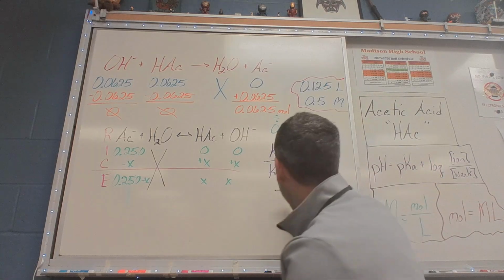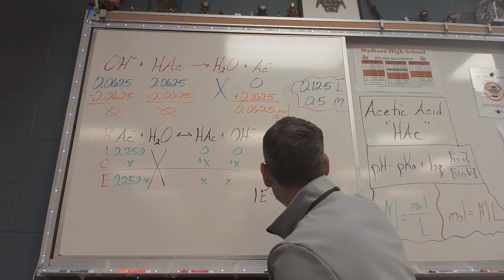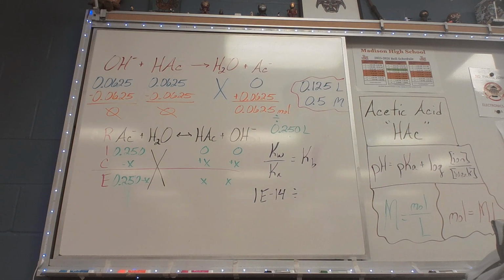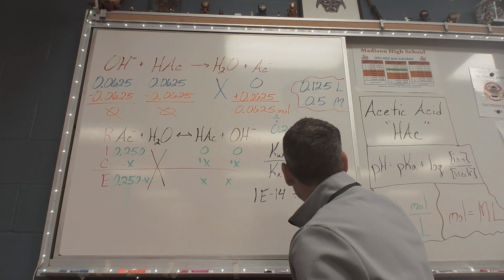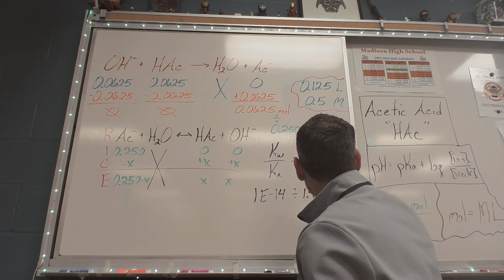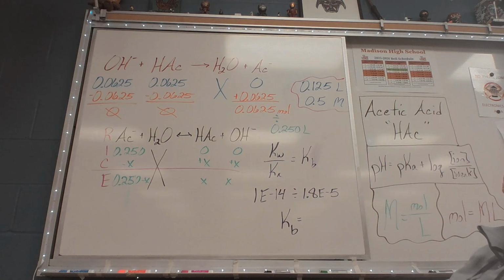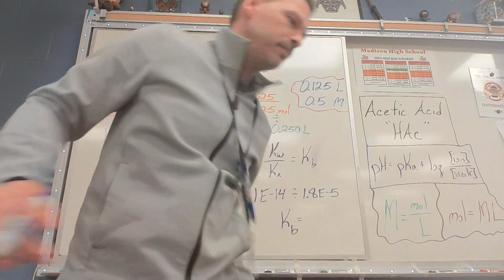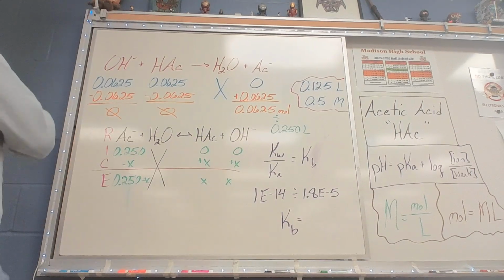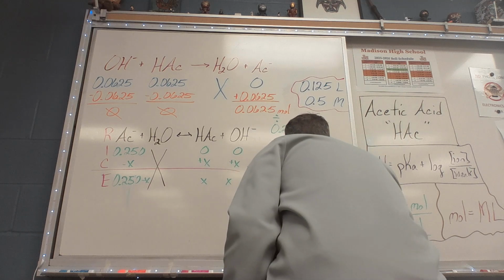So plug that in, and we get 1 E negative 14 divided by 1.8 E negative 5 given, is going to give us a Kb of 5.6 E negative 10.